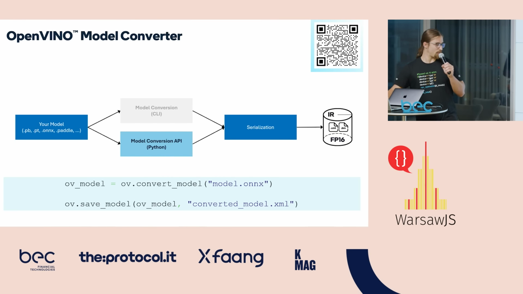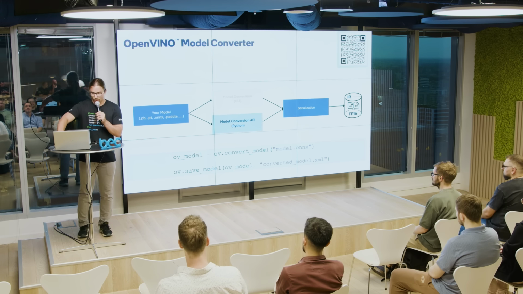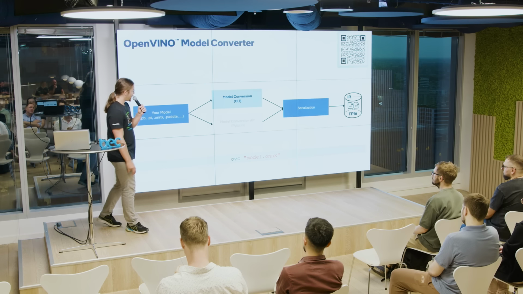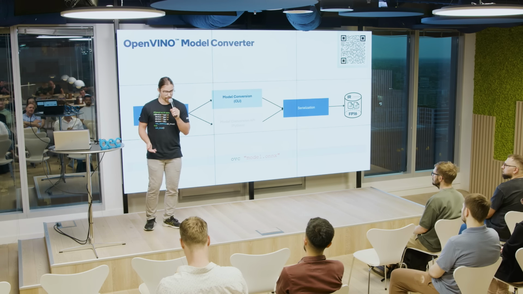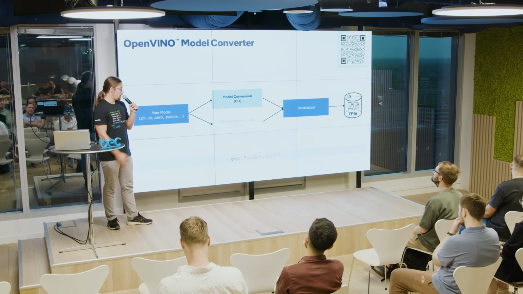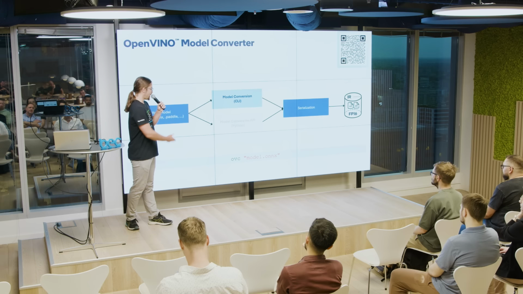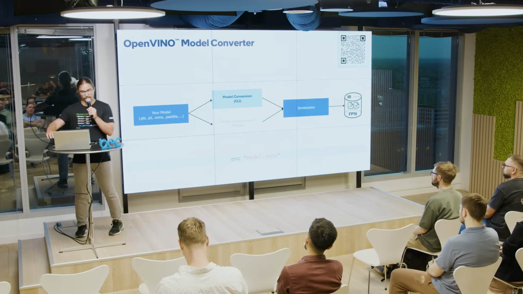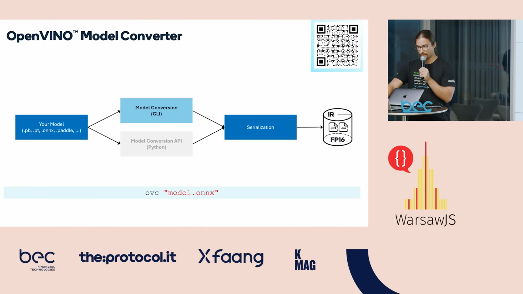Just 3 lines of code: import OpenVINO and those 2 lines. Or the other way is in CLI. If you have OpenVINO in your virtual environment, you can just run this command, OpenVINO converter, so OVC, and the name, a path to your model saved in a different format, and it creates an IR format.